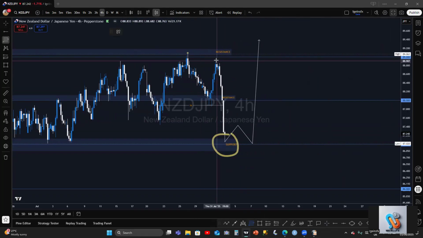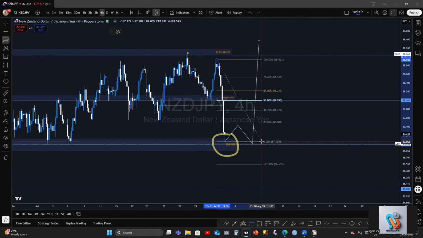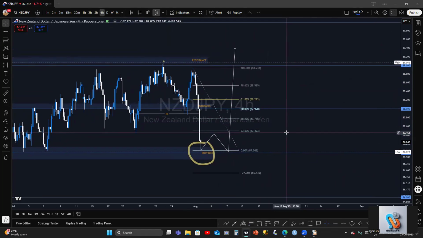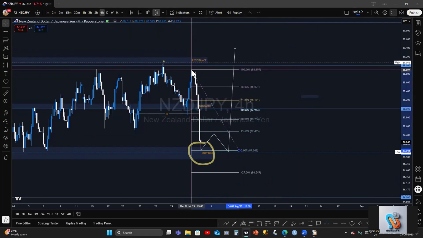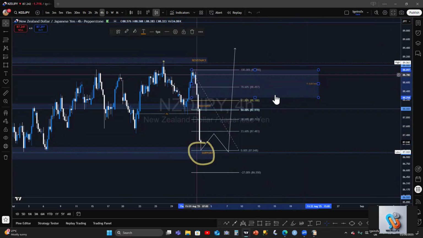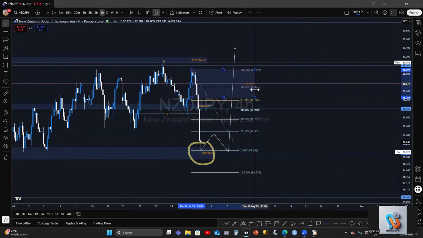So if this level holds, then we'll use our fib like this. We know that price should tap into a premium level, then drop.